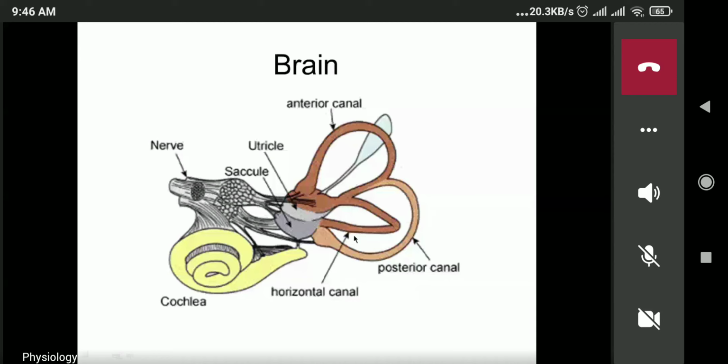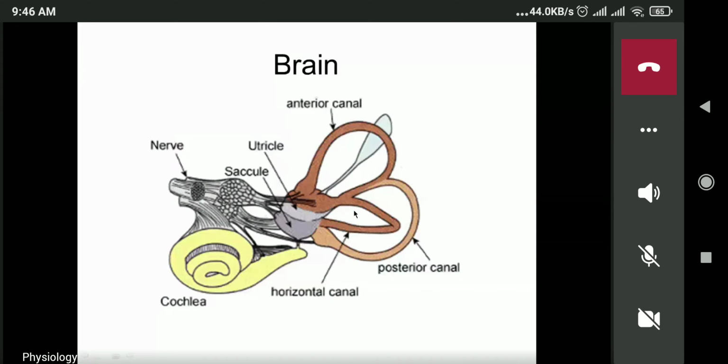Imagine that one semicircular canal is in one wall, another semicircular canal is in another wall, and another semicircular canal is on the floor. So these three semicircular canals are at 90 degrees to each other, right? And in that way it is arranged.